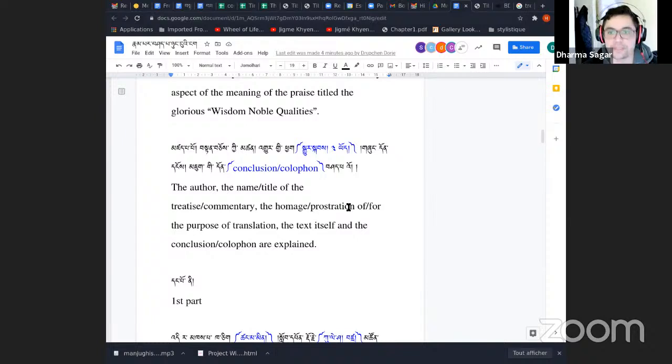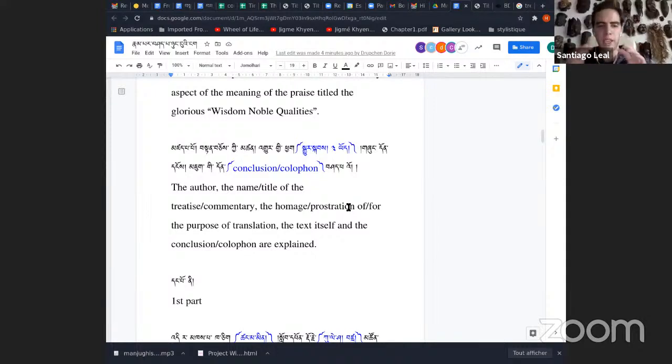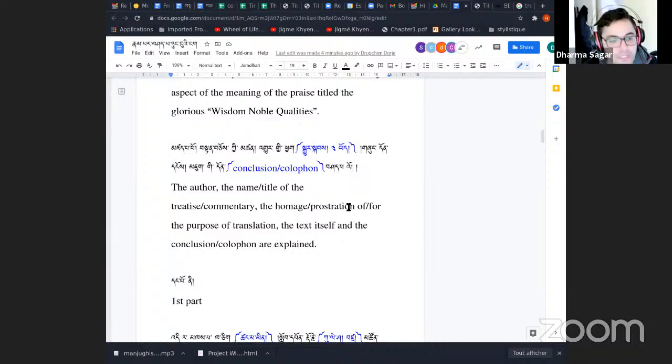So it falls within the context of the Abhidharma Pitaka, and for that reason the homage must be that of Manjushri. So literally here it is the homage for translation.